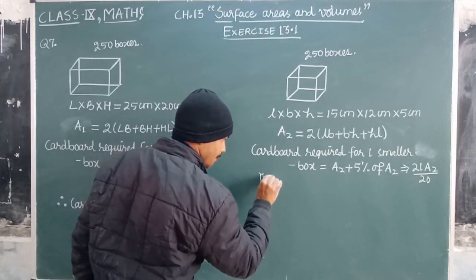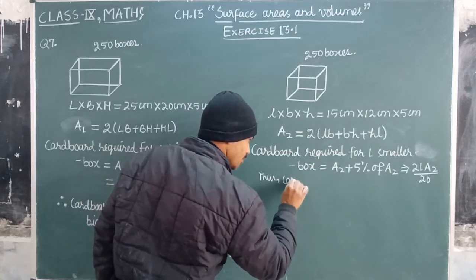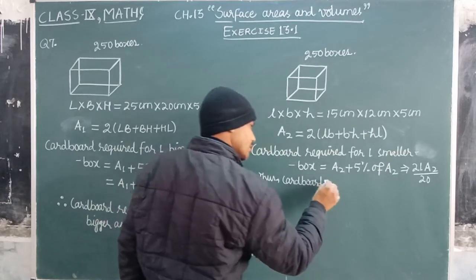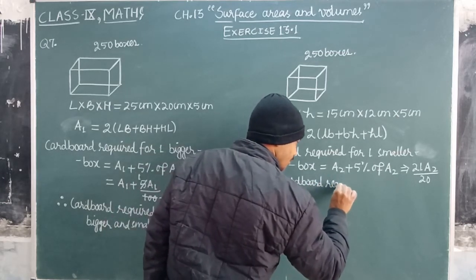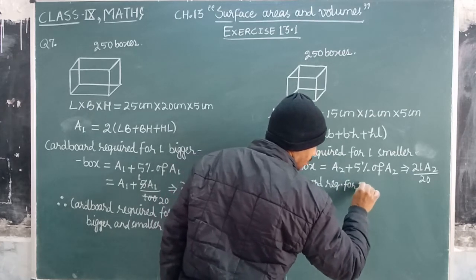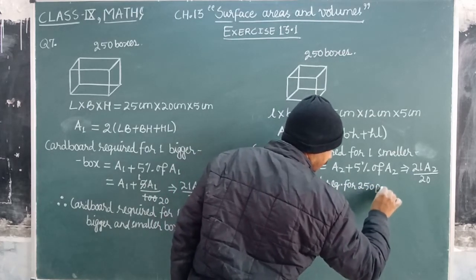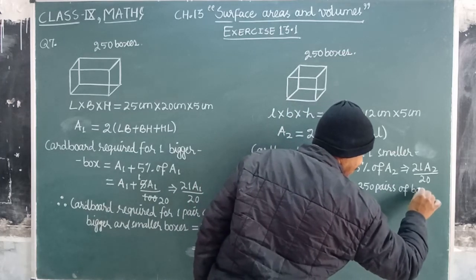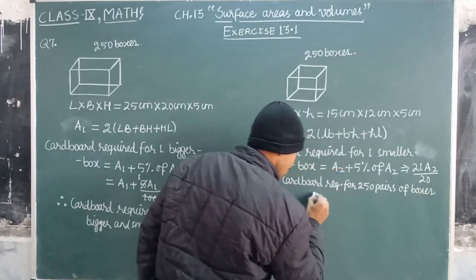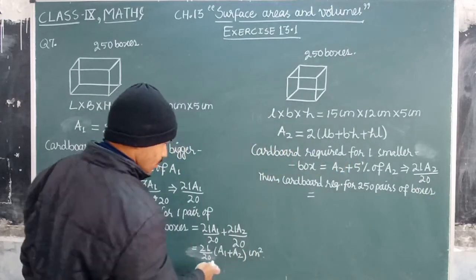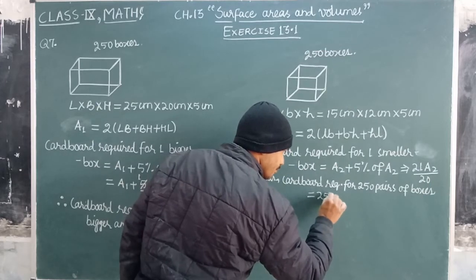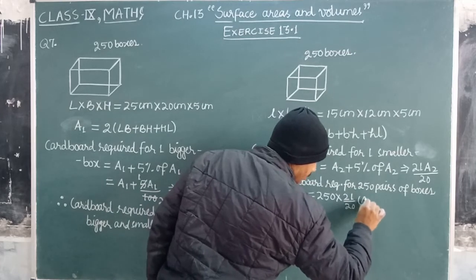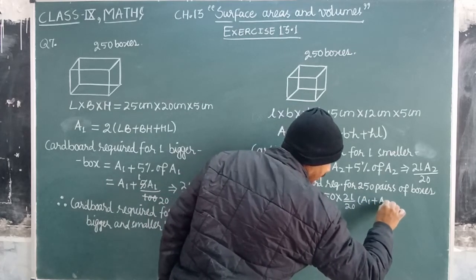Thus, cardboard required for 250 pairs of boxes equals 250 times 21 upon 20 bracket A1 plus A2.